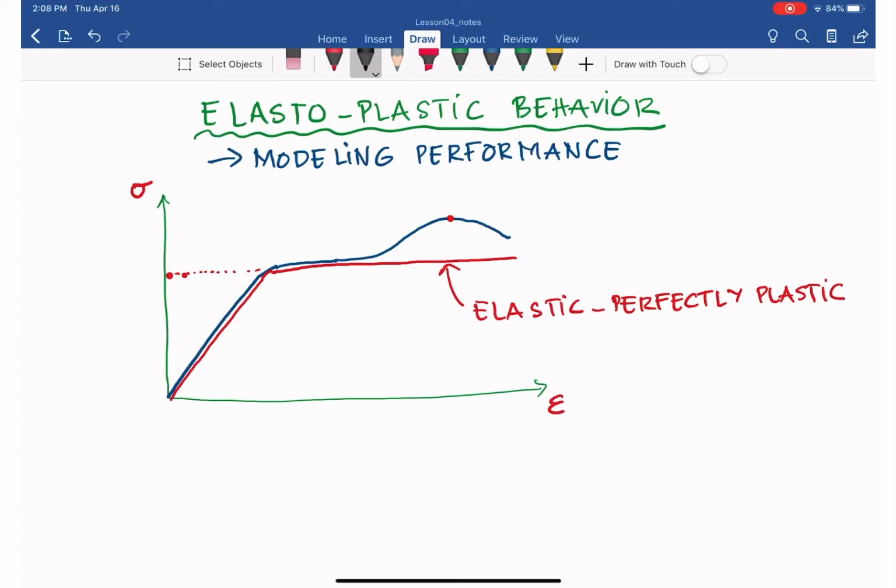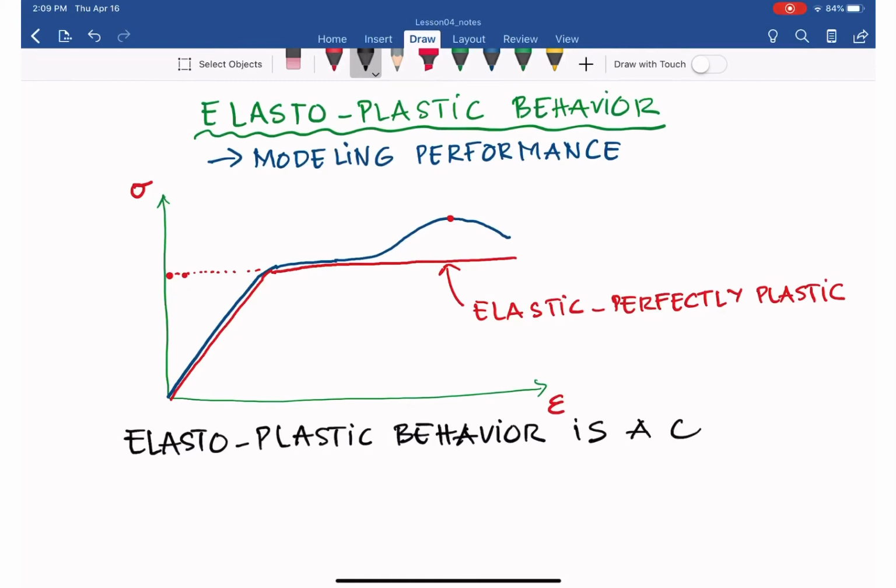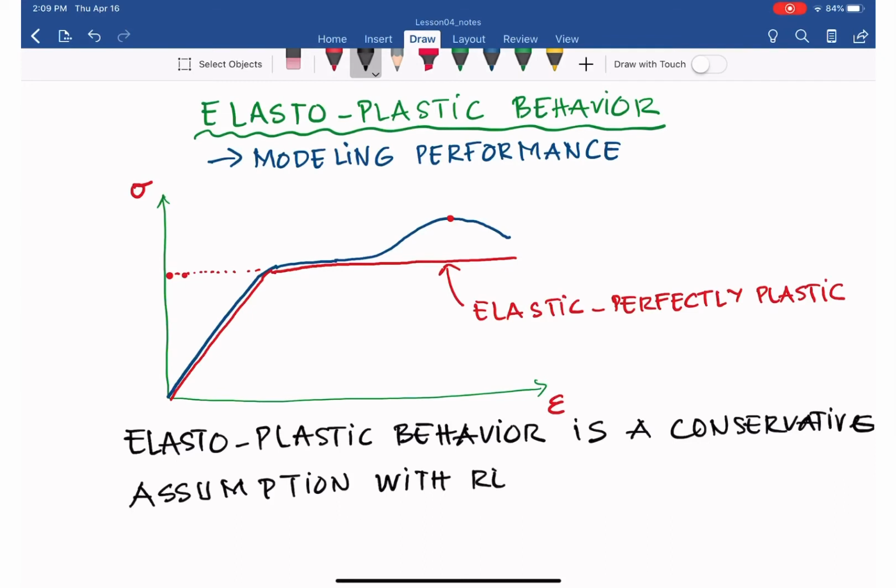So elastoplastic behavior is a conservative assumption with regard to stress.